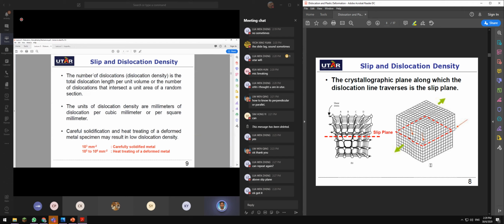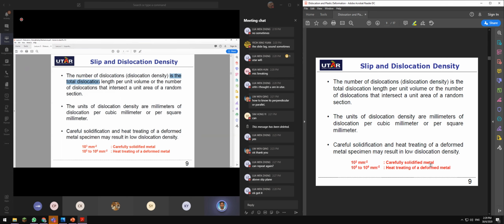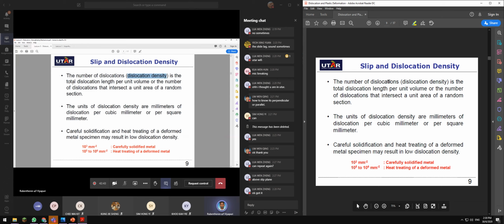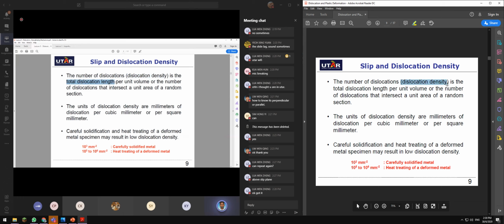The number of dislocations, which we call dislocation density, is the total dislocation length per unit volume, or the number of dislocations that intersect a unit area of random section.